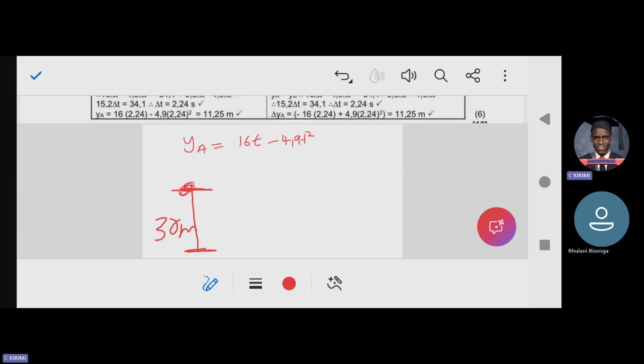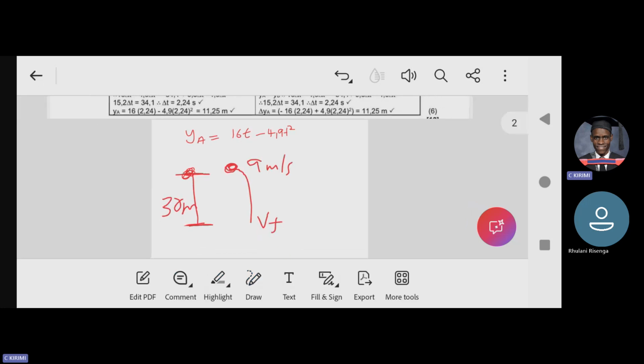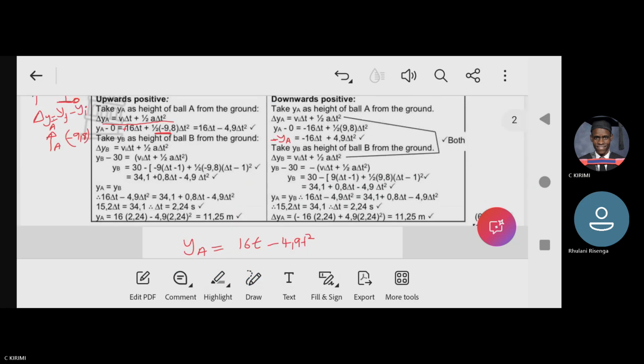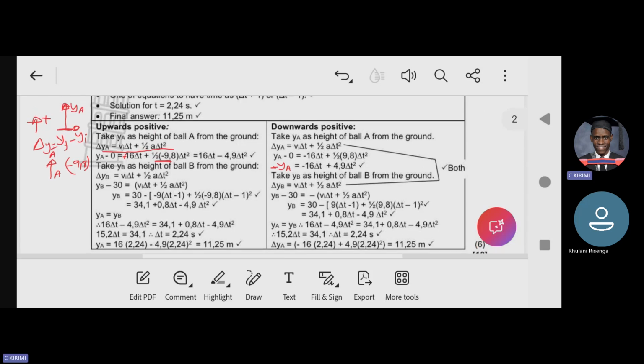The initial velocity was 9 meters per second, although we are not sure of what the VF will be. Ask your question.